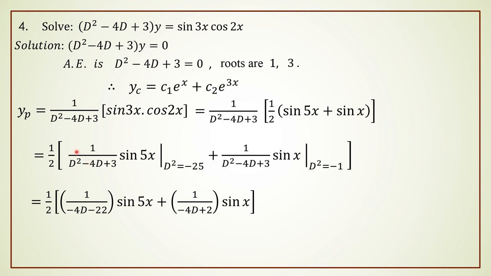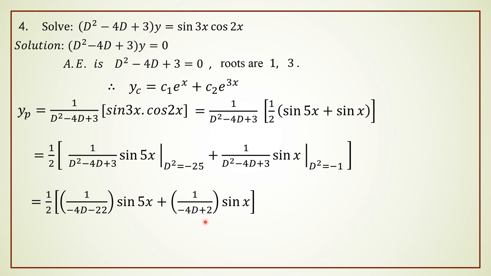So over here, if I replace D² by −25, plus 3, it becomes −22, and −4D as it is. So 1/(−4D − 22) will be acting on sin 5x. In the second term, if I replace D² by −1, plus 3 equals plus 2, so −4D as it is.